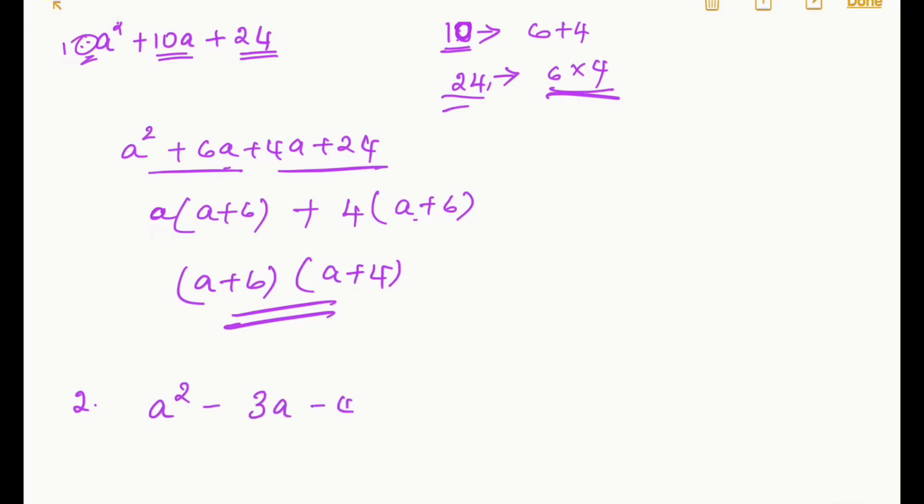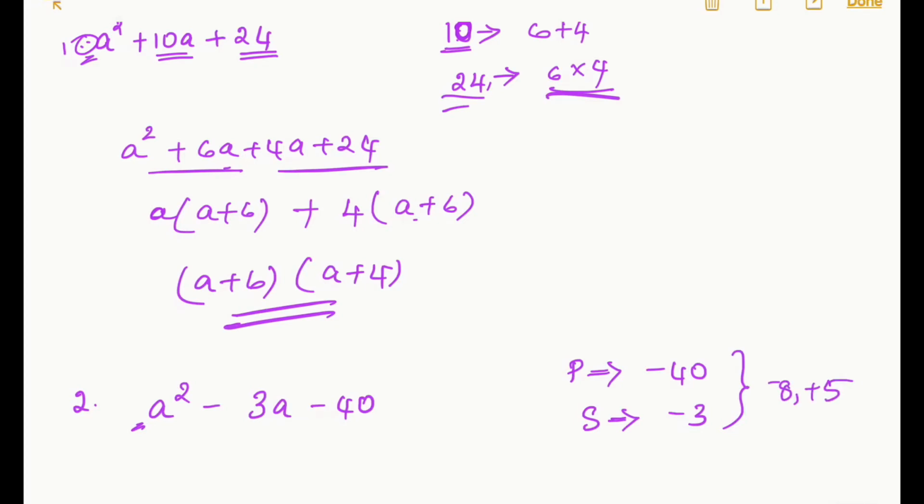a square minus 3a minus 40. If minus is there, you need to consider minus also. Here again the coefficient of a square is 1. So your product should be equal to minus 40 and your sum should be equal to minus 3. Tell me two numbers such that product is minus 40 and sum is minus 3. 4 into 10, no, you cannot do it. 8 fives are 40, right?